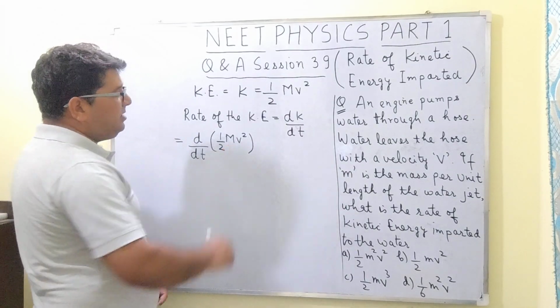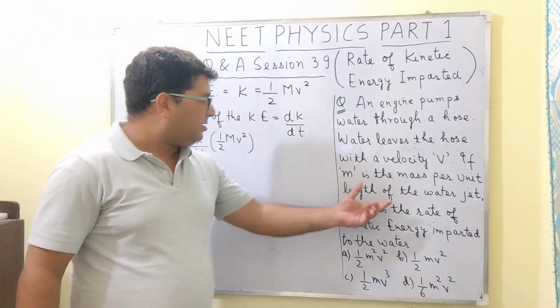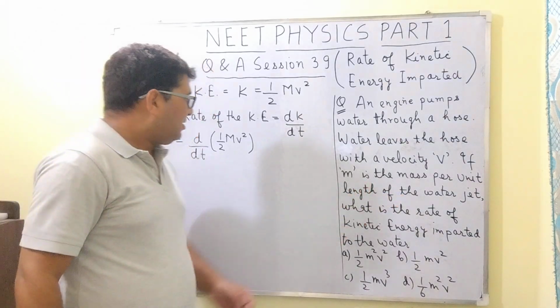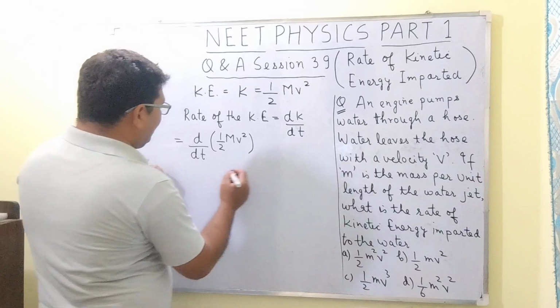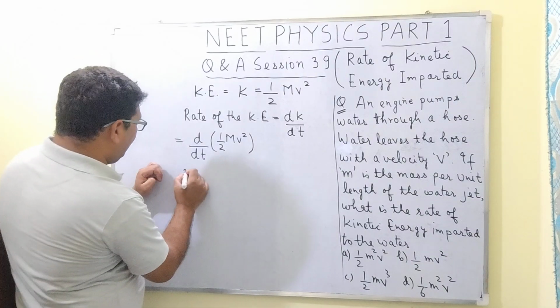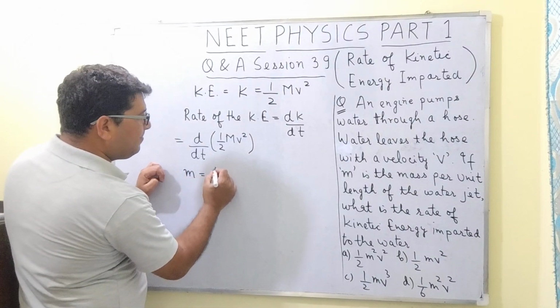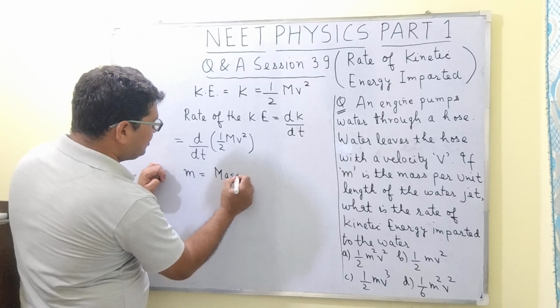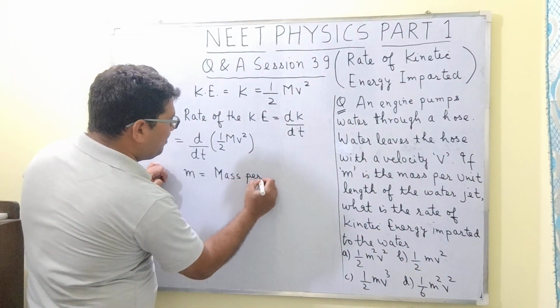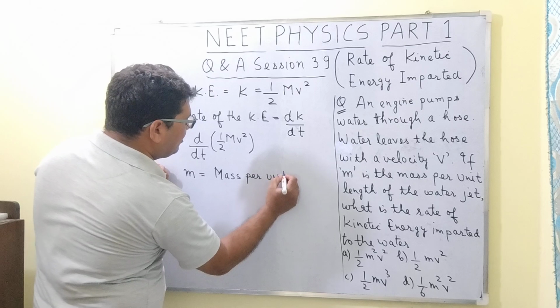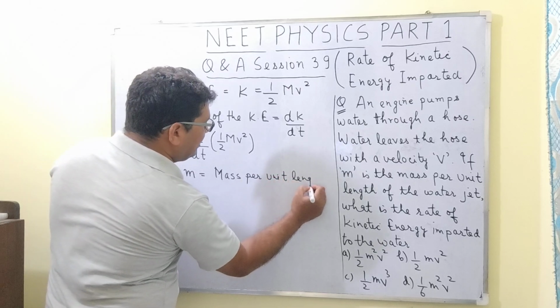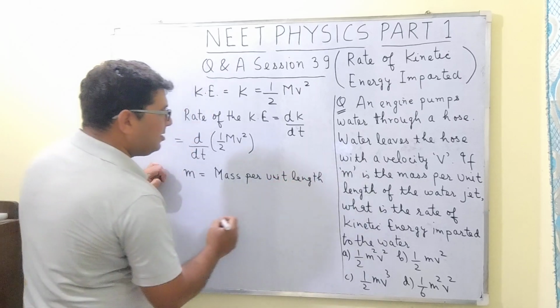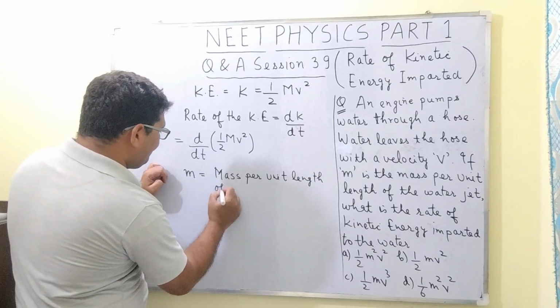Now here m is the mass of this water jet. Now we are given that the small m is the mass per unit length of the water jet.